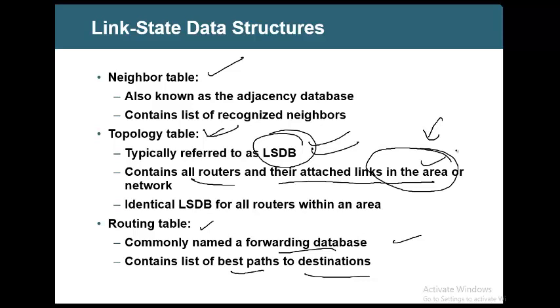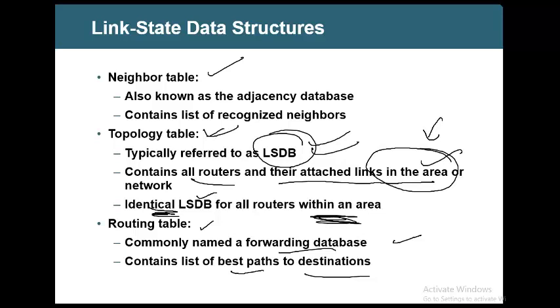Within an area, you can expect an identical map. Within an area, you can expect an identical database. Not countrywide. Don't compare the map that you received in Indira Gandhi Airport, Delhi, and Kempegowda Airport, Bangalore, Karnataka.